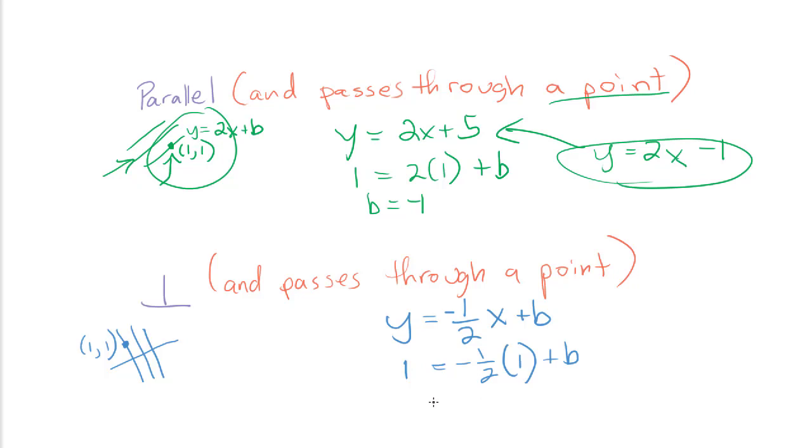I'm going to add half to both sides. b equals plus 3/2. The equation of our perpendicular line that passes through the point 1, 1 is y equals negative 1/2 x plus 3/2. And that's how we find parallel and perpendicular lines that pass through specific points. In those cases, there are only unique lines that pass through them.